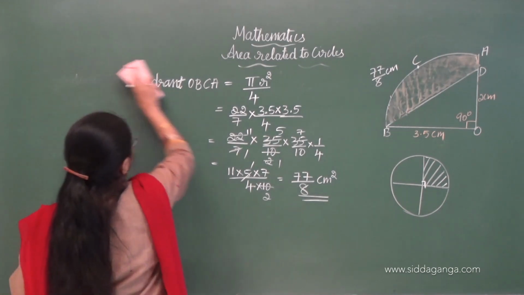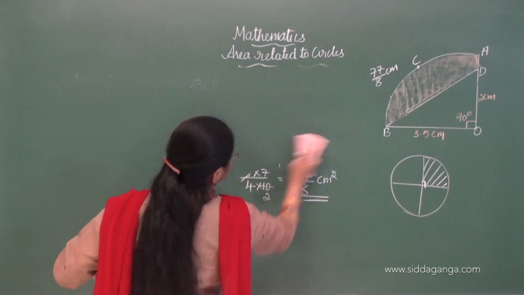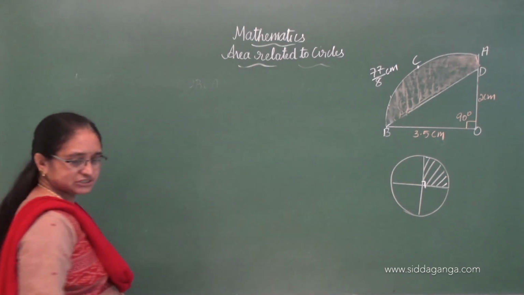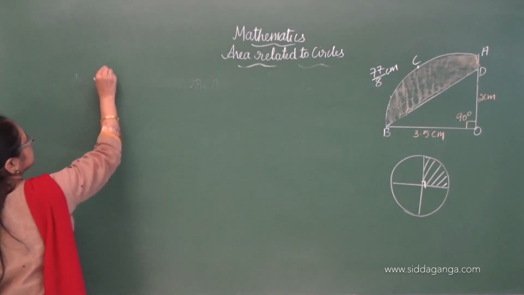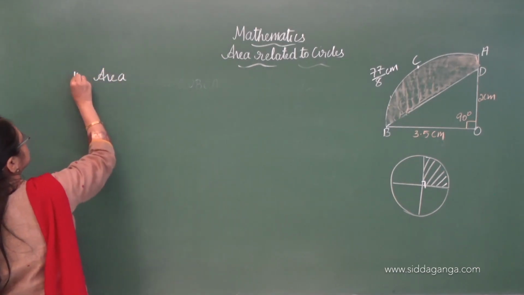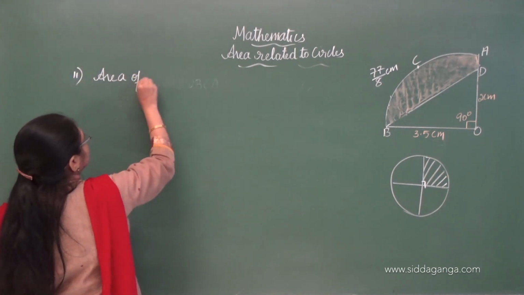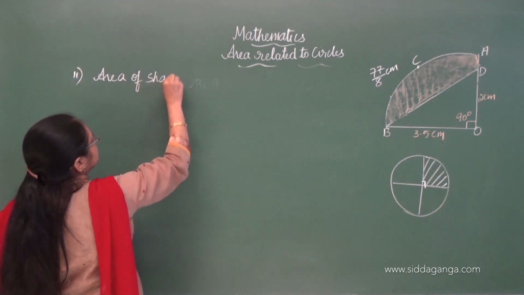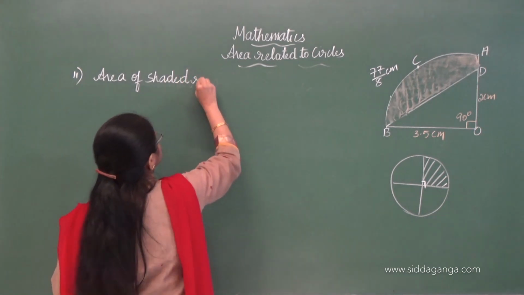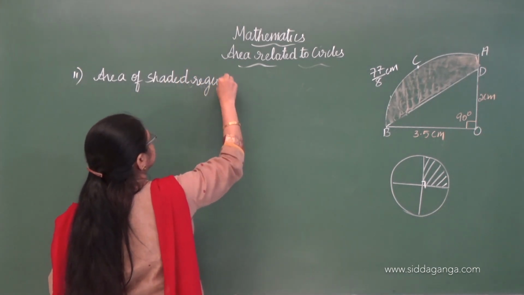Now what is the next part? Next part, area of the shaded region. How to find out the area of the shaded region? Second sub question, it is area of shaded region.